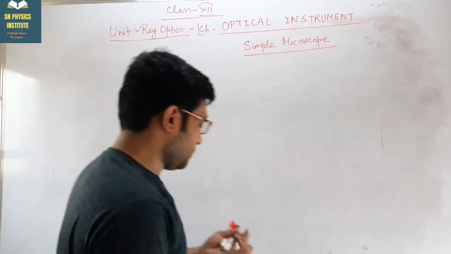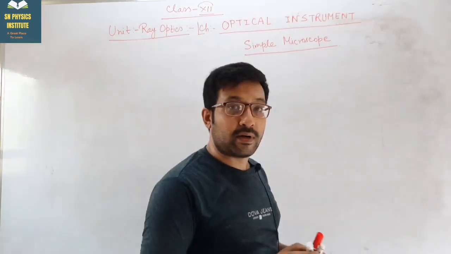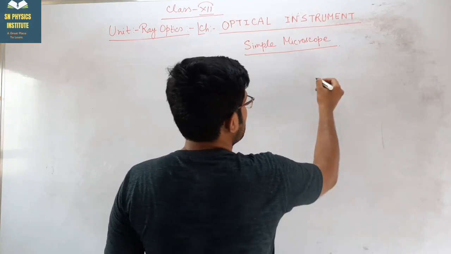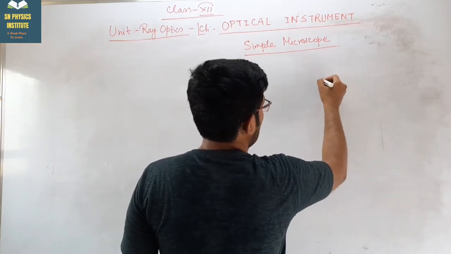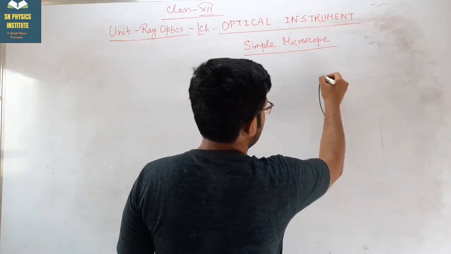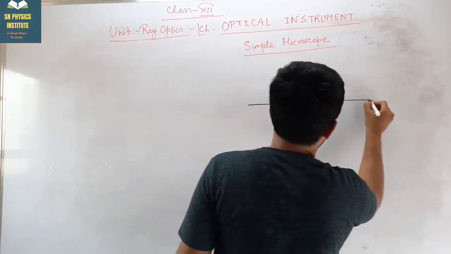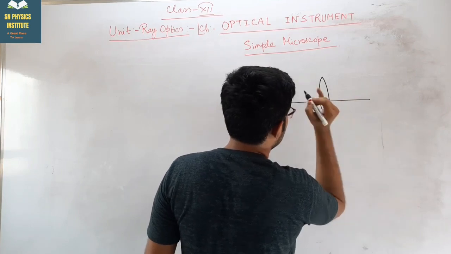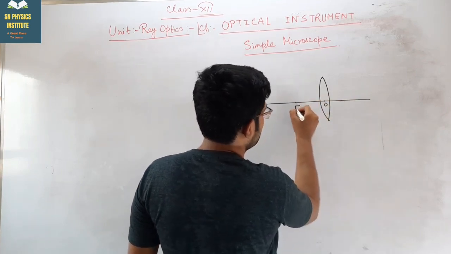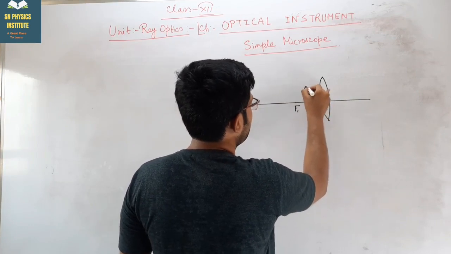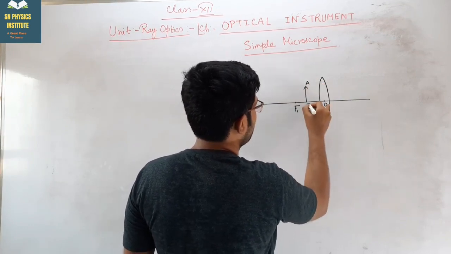So we have to find out the magnifying power. Here I am drawing the convex lens, this is the optical center, and this is the first focus, and we keep the object AB here.